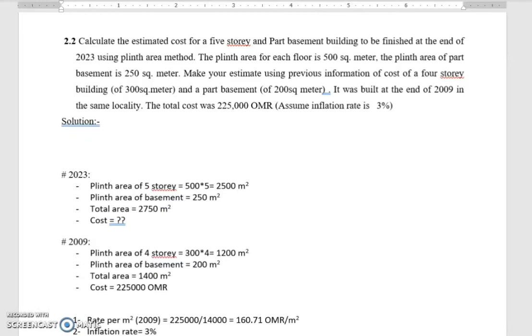Plus the part basement area, which is 250, already given in the question. So the total area for that building in 2023 will be this total area.